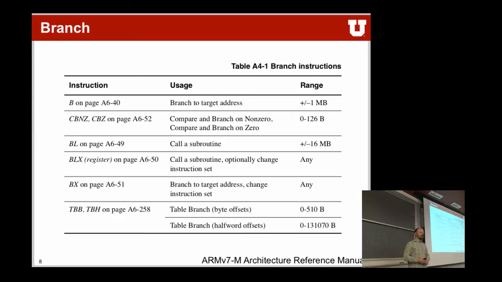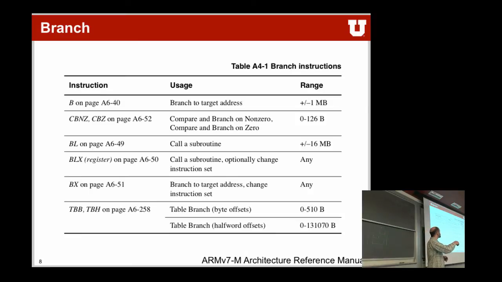We talked last time about the branch instruction, and this time I bring it up again because I want to look a little bit more at the encoding of these different things. We have the encoding of B that can jump plus or minus 1 megabyte. We have other functions that can only go up to 128 bytes. Others go up to 16 megabytes, any kind of size, etc. We talked last time about why this is the case.